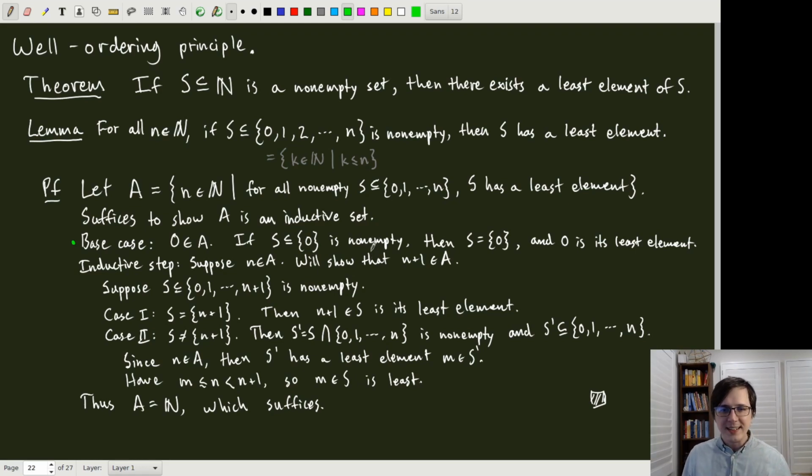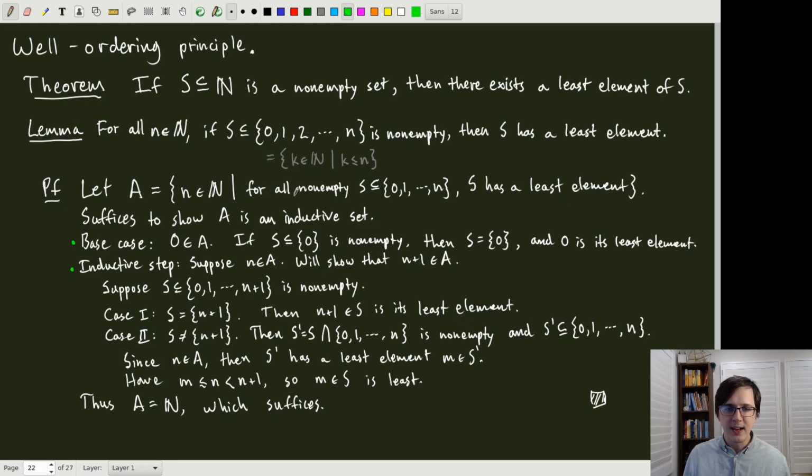Skipping being ultra formal, if you have a non-empty subset of a one-element set, then it just is that thing because they have the same number of elements. So 0 is its least element because it has nothing else. So that's the base case. For the inductive step, we're supposing n is an element of A, and we want to show that n plus 1 is an element of A. So let's write out what it means for n to be an element of A.